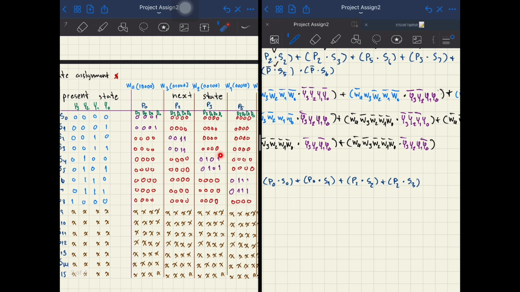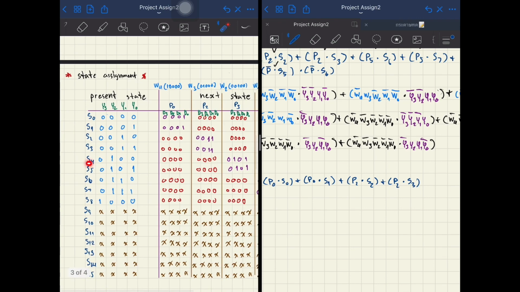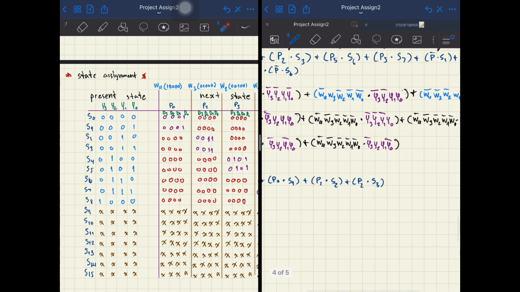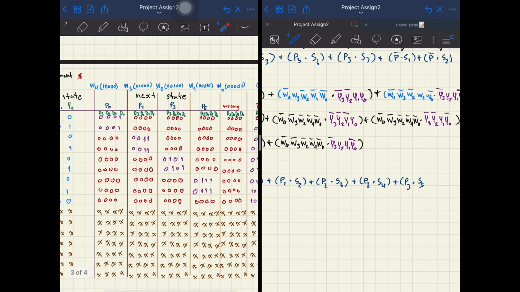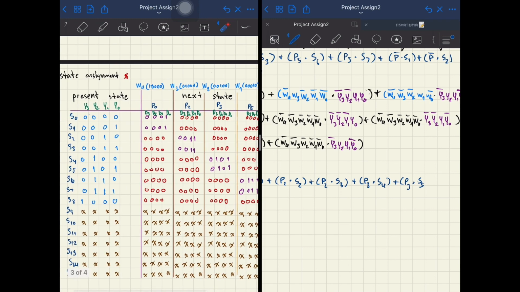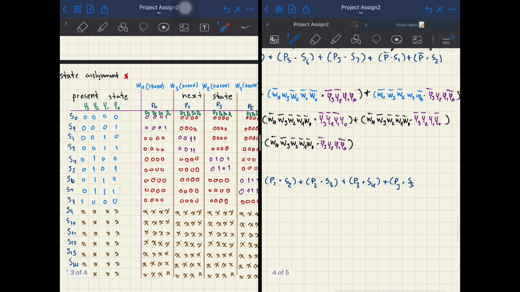D1, right? We look at this. So it is P3 and with state 4 and state 5. So I write here or P3 and with state 4 or with P3 and with state 5. And then here P5 state 6 state 7.